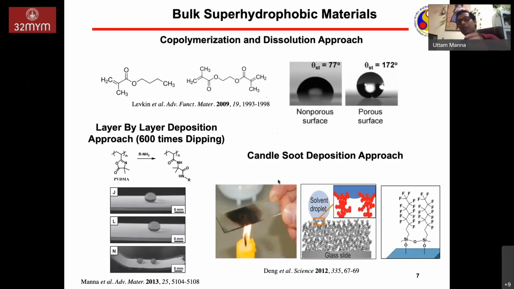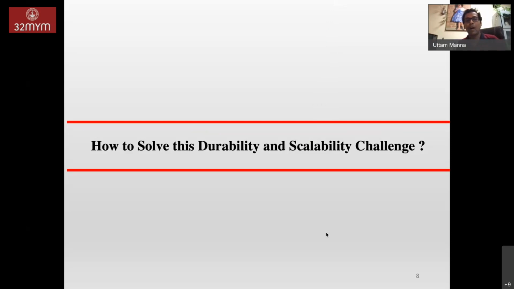Another approach is called the candle soot deposition process, where nanoparticles are just deposited on a glass, as you can see here, because of the candle soot deposited here, and then you can use a fluorinated silane, and you get some kind of porous framework, and you go for 600-degree temperature, and then you get this bulk superhydrophobic coating. But those are not really scalable approaches. So the question is how to solve this durability and scalability problem.